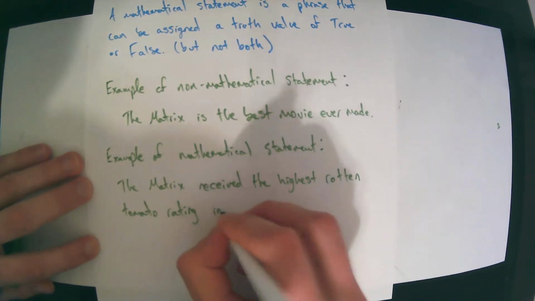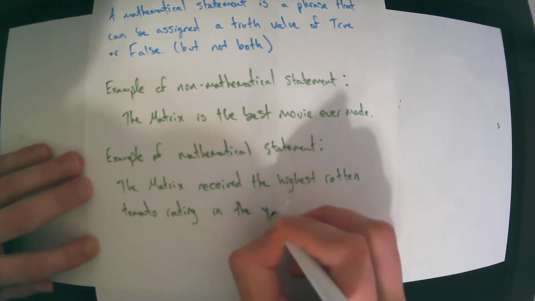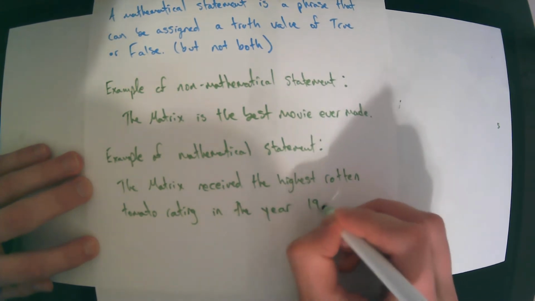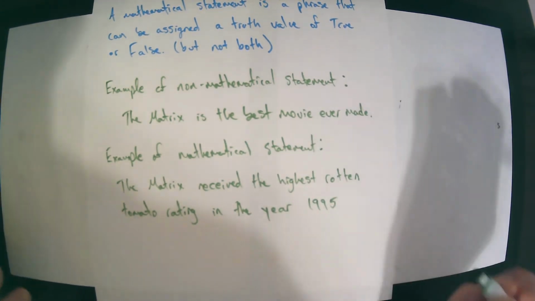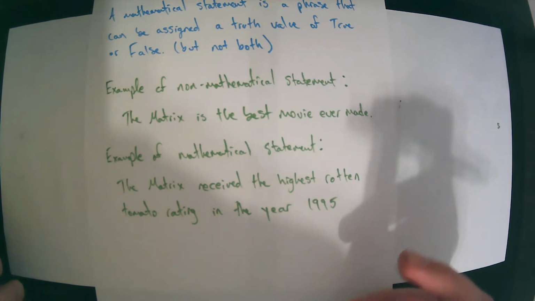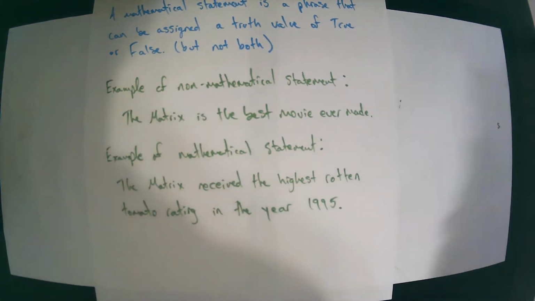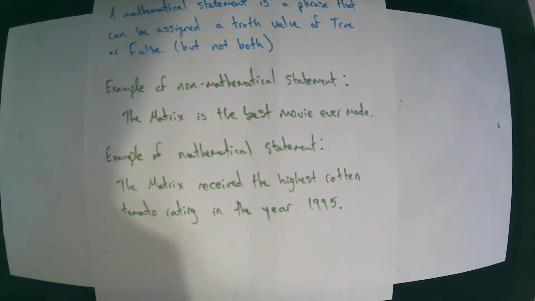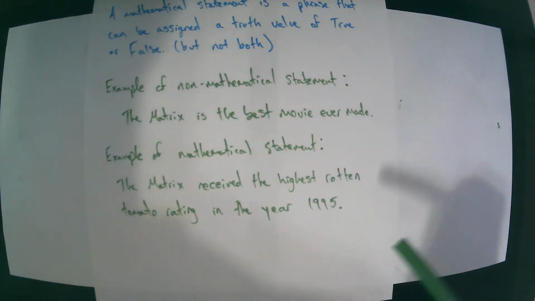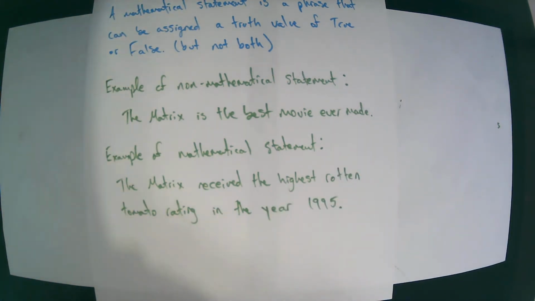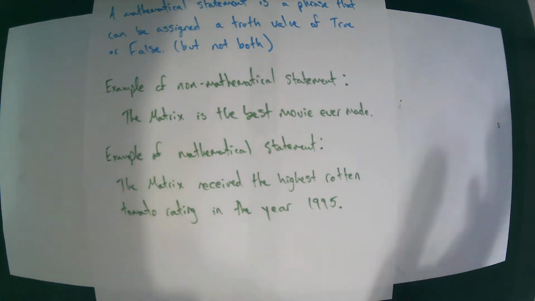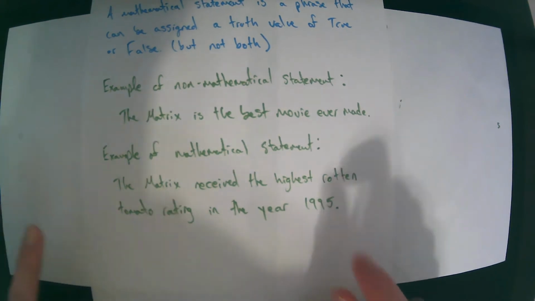In the year, when did The Matrix come out? In the 90s? I don't remember. I'm just going to make something up. 1995. I think it... No, did it come out in the 2000s? Well, anyways, who cares? Replace The Matrix with whatever movie you want there, and the time frame with whatever makes sense to you. I don't even know if Rotten Tomatoes was a thing in 95. Probably not. But let's say it did.